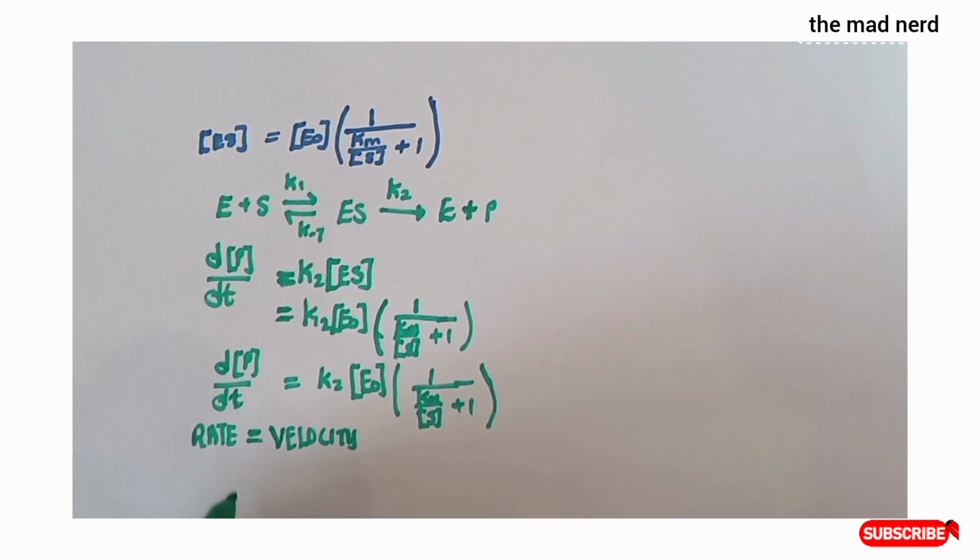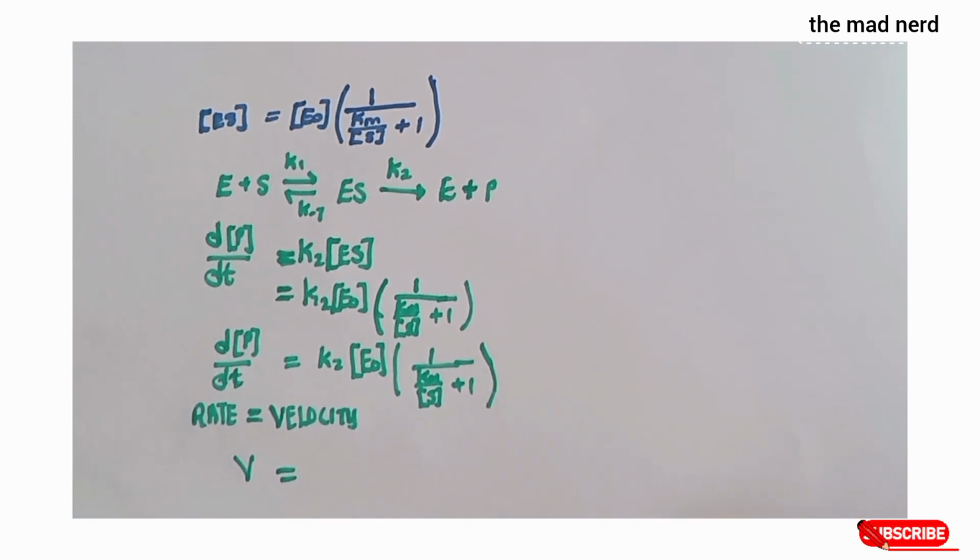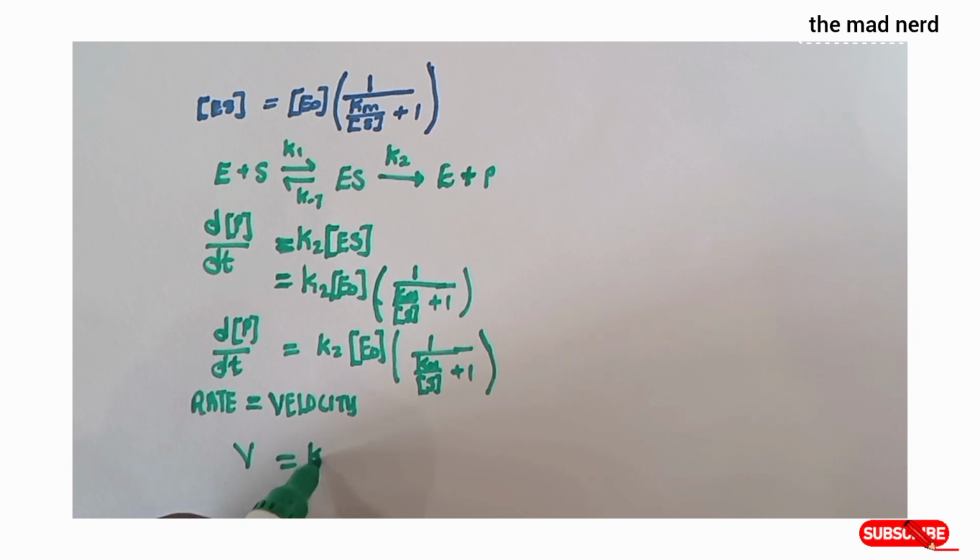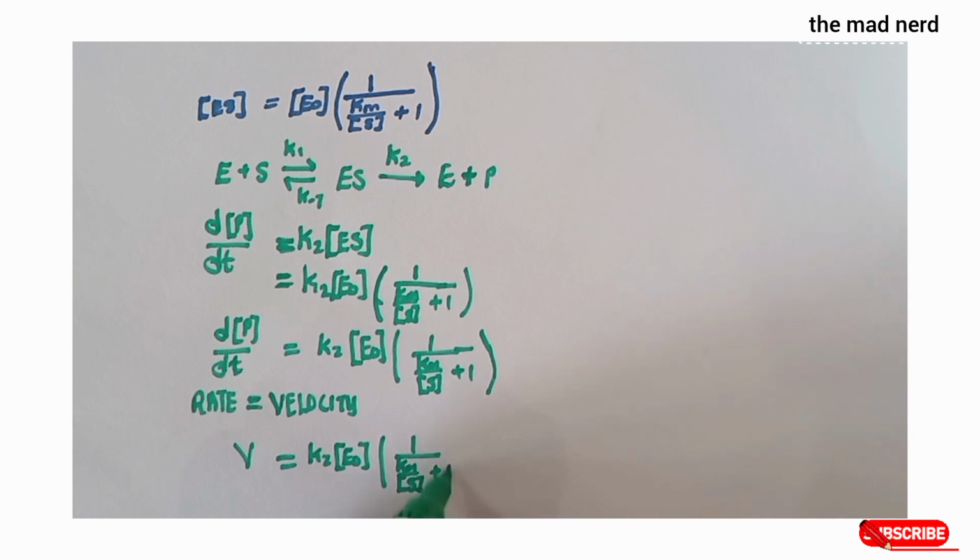It means that in place of the rate of formation of the product, we can just put a v, which is equal to K2, the concentration of E naught, and then 1 over Km concentration of S, plus 1, and then we close those brackets.